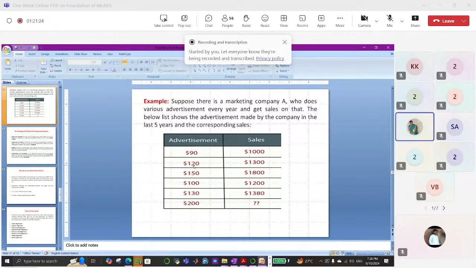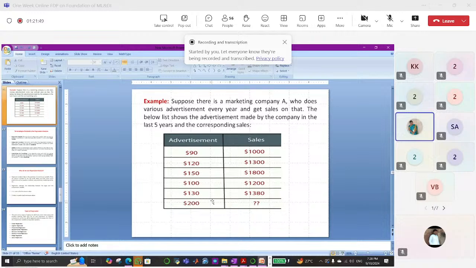Similarly, they spent $120 and got $1,300. So depending upon the advertisement, the sales are also increasing. Here $100 gives $1,200, and $130 gives $1,380. So they are spending huge money on advertisement, and the sales are also increasing day by day.